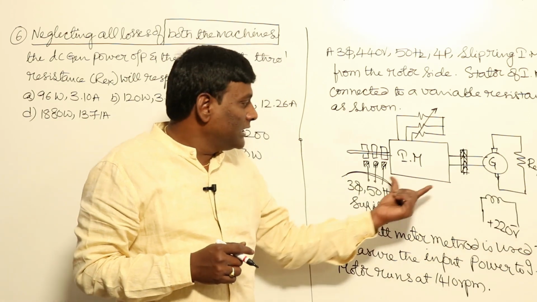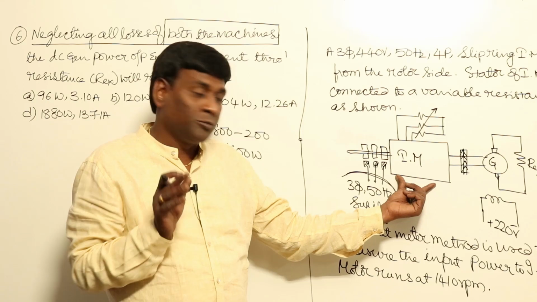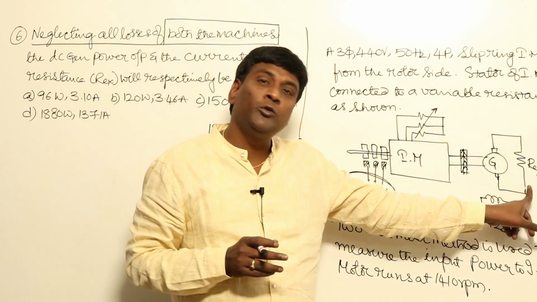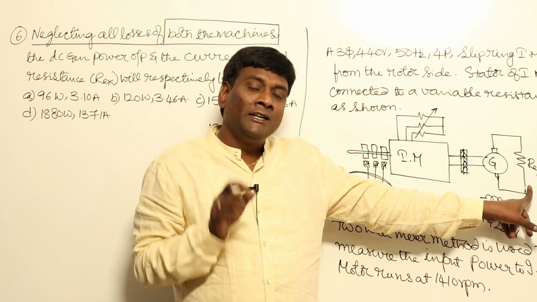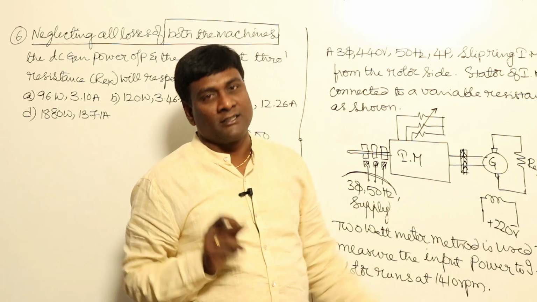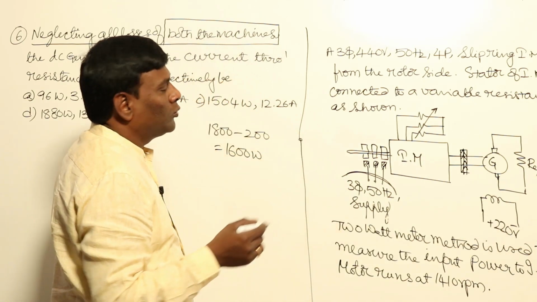The remaining all will go completely. For example, if it is a normal DC series motor or shunt motor or a synchronous motor, I can directly take 1800 minus 200, which is 1600, because efficiency under ideal conditions of all machines will be 100% except the induction motor. So what we have to determine now is the slip.